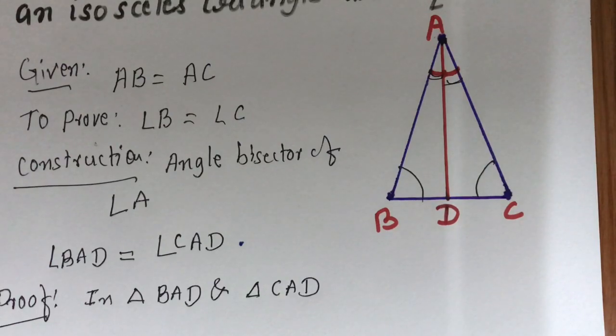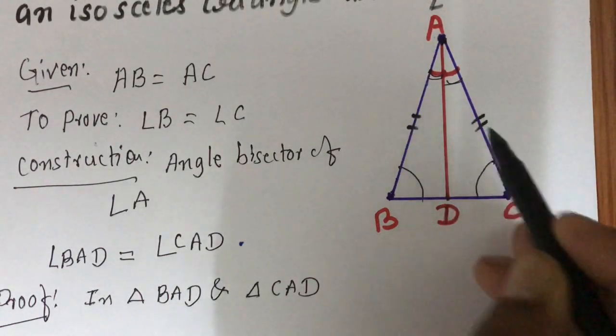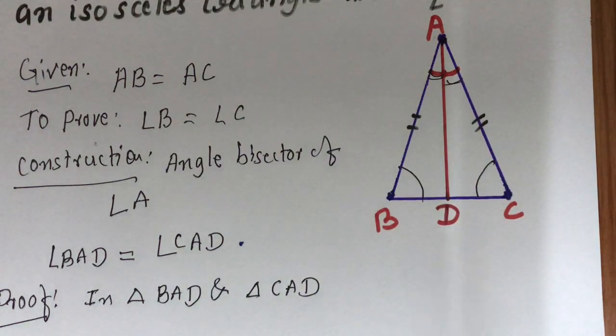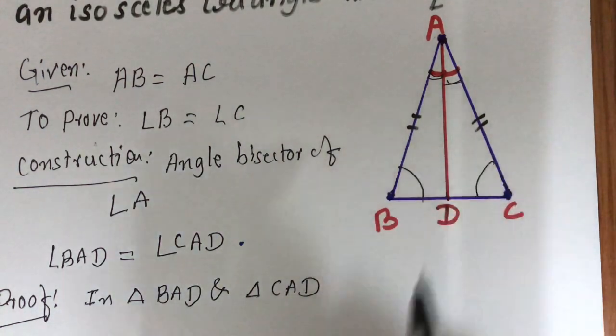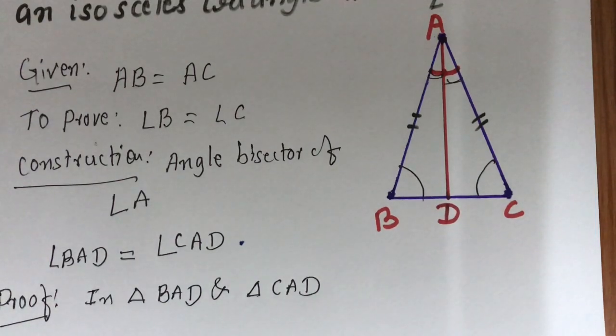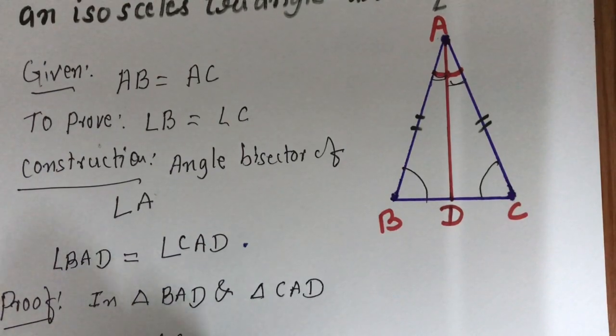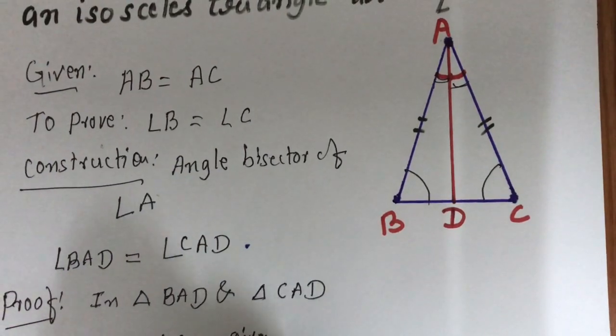First of all, we have already given that AB equal to AC. Understand? So this is the symbol for equal. AB equal to AC. It was given.